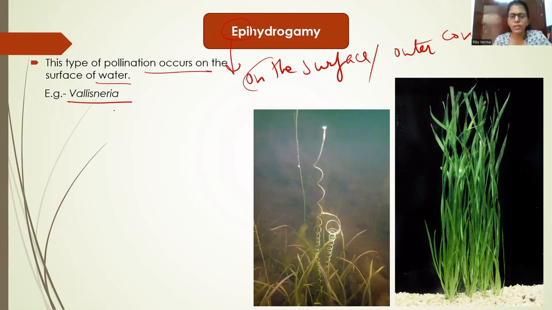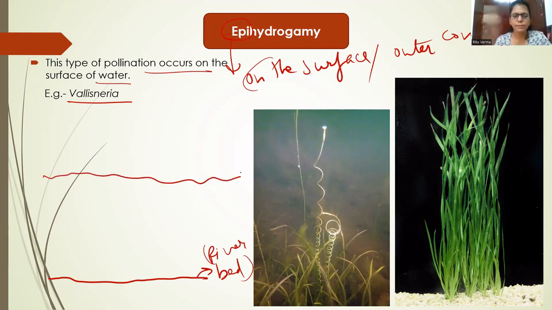Now in case of Vallisneria, the male and female flowers are both present on the same plant. For example, this is the river bed, and this is the water surface. This Vallisneria is growing here.